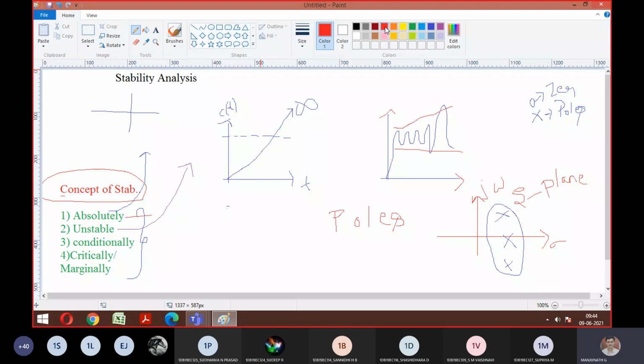Real and negative means what? It comes towards which side now? Negative side is which side here? Is it LHS or RHS? Left side, LHS.